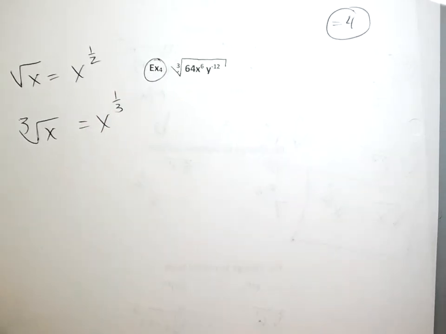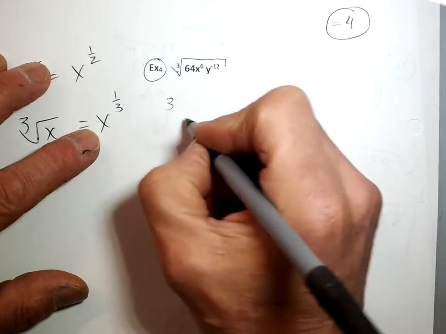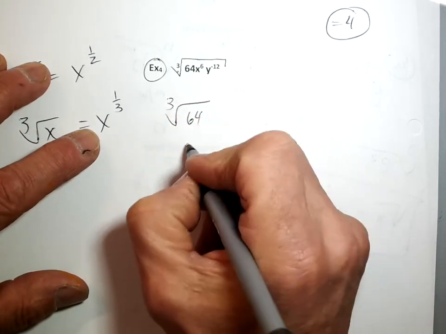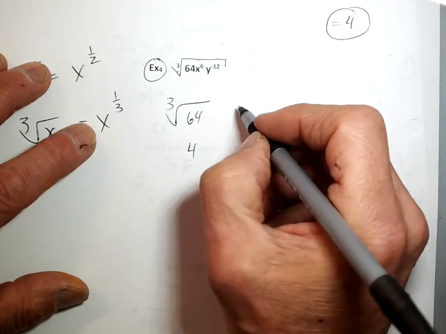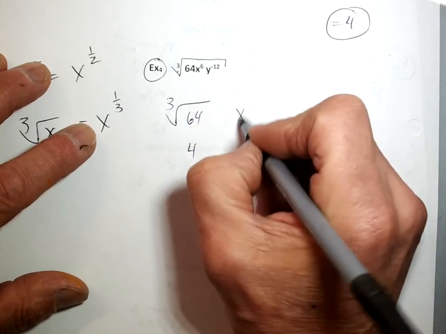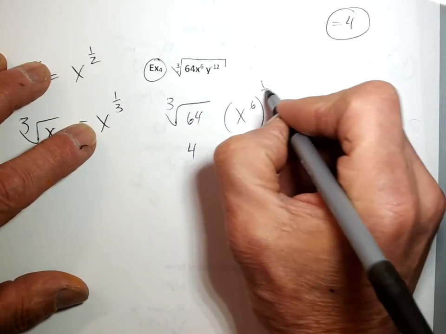Now, to do example 4, I am going to do the cube root of 64. That's what it says. So again, it's not that hard. What times what times what makes 64? Kai says 4. You guys agree with that? Okay. So the cube root of 64 is 4. Now, I'm going to take x to the 6 and take 1/3 of it.